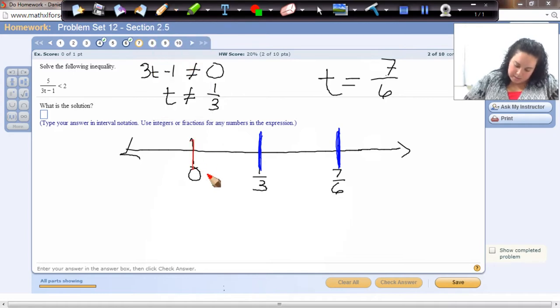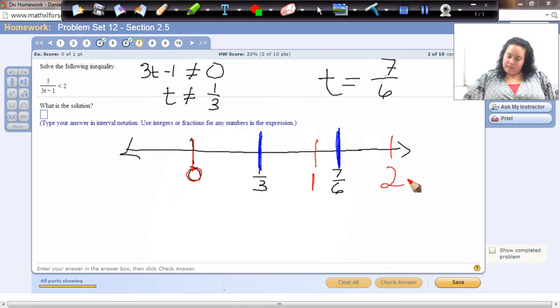Let's go ahead and plug in 0, we'll plug in 1, and maybe 2. I'm just trying to pick numbers that will be easy to work out. So we can plug these numbers in and figure out, are they less than 2?